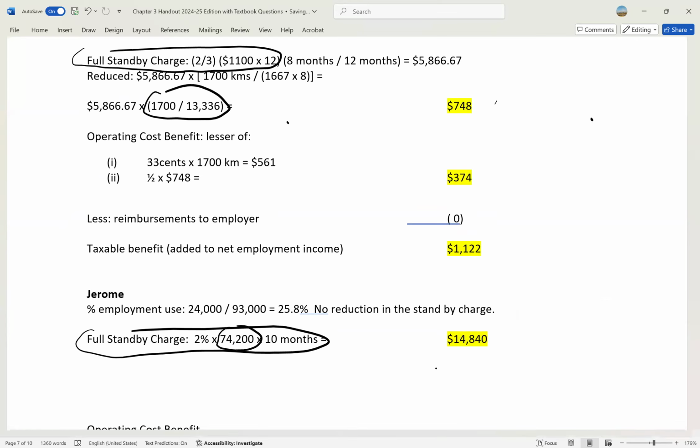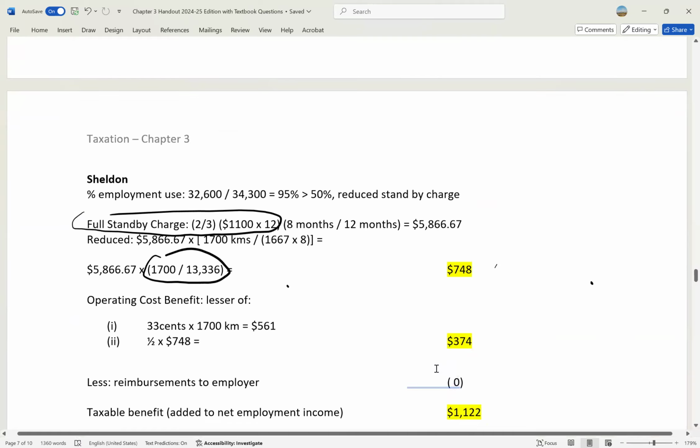If the company bought a less expensive car, maybe worth 25,000, and Jerome was given that car to use, the benefit would be a lot less because it would only be based on 25,000. So the formulas are set in such a way that it tries to discourage companies from buying very expensive cars for their employees to use because the taxable benefit to the employee will be a lot higher. Same with lease payments.